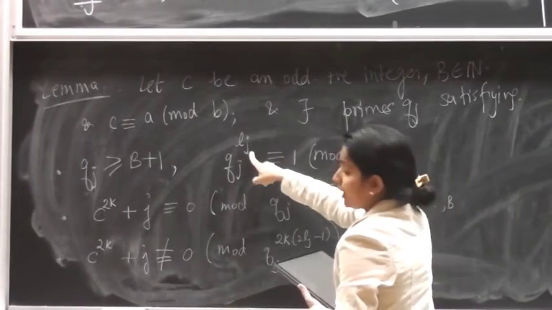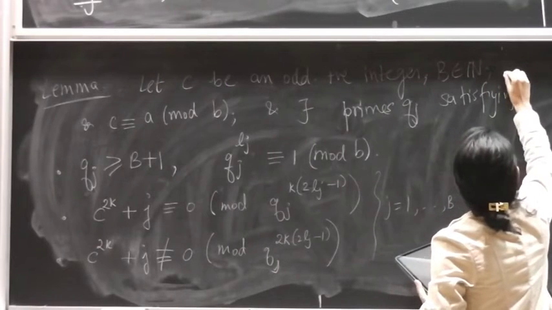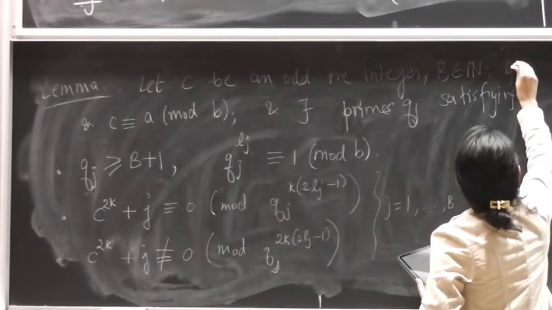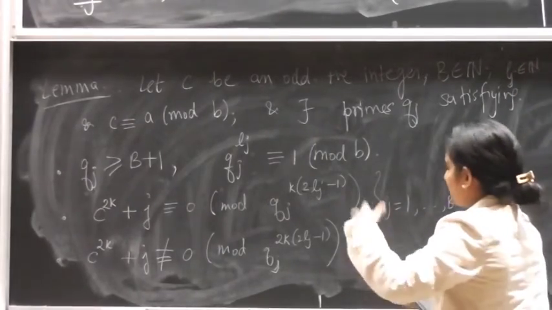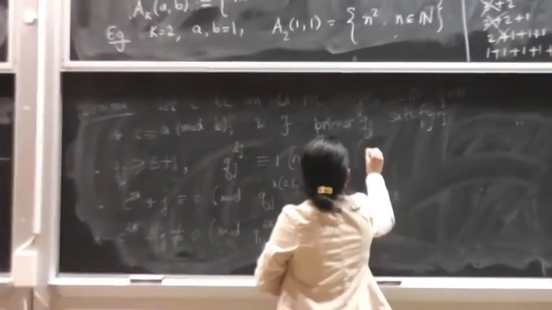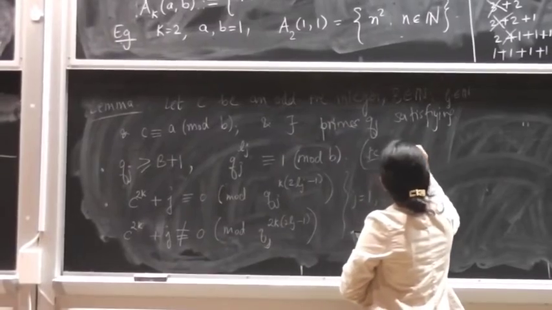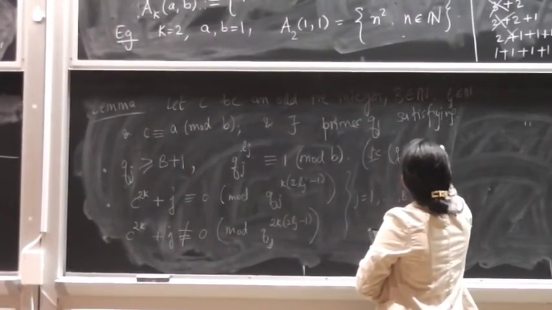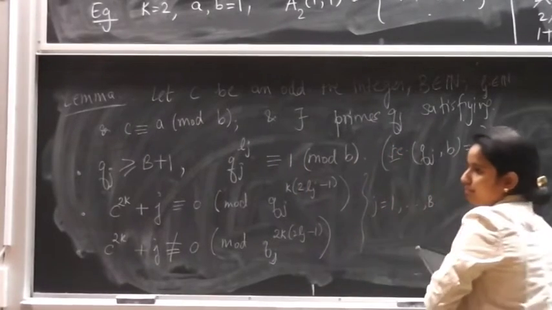There exists an Lj, and they will exist if I can replace this condition by saying that each Qj is co-prime to B. Because if this is true, then you can find this.